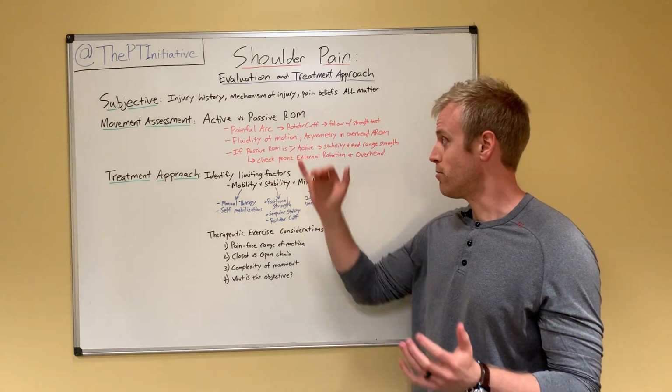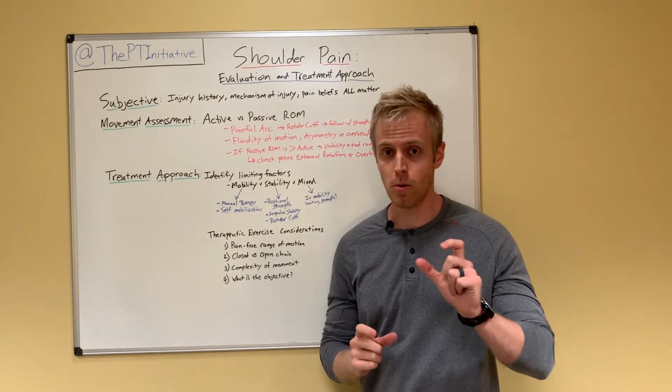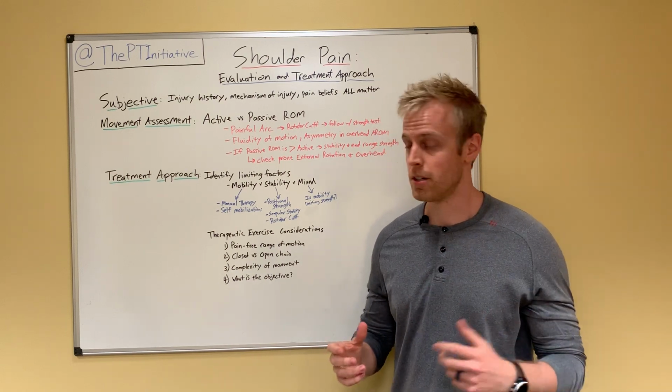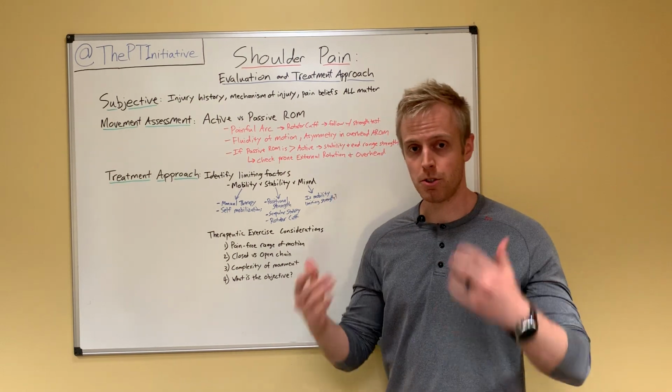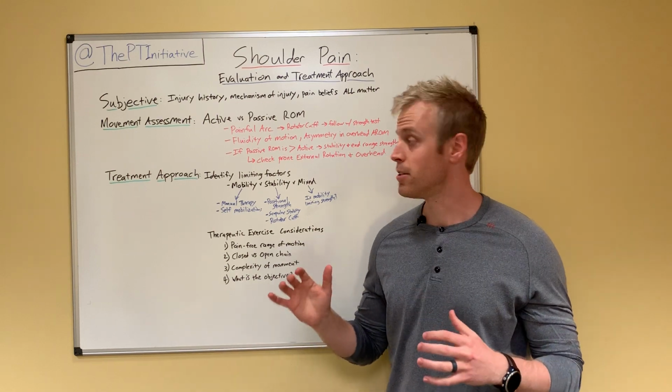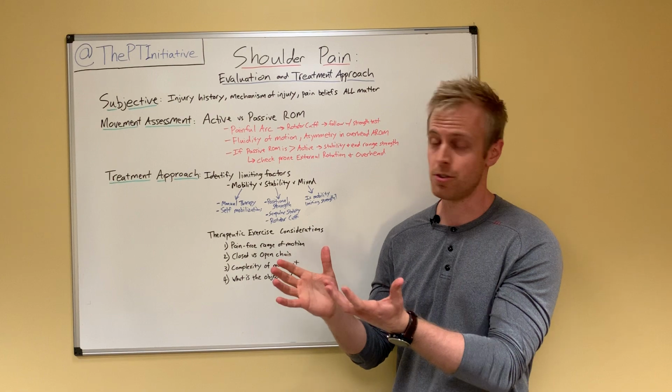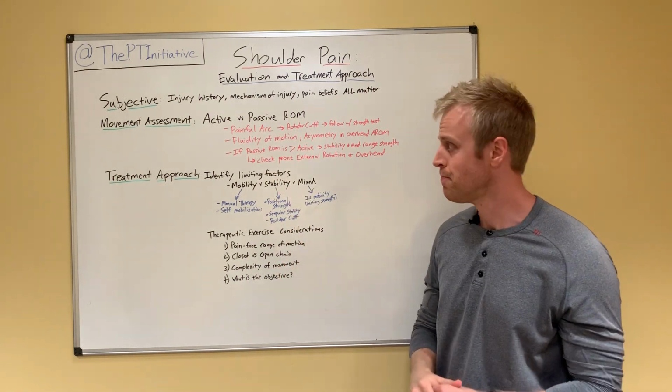So with the painful arc, an example is that maybe we're looking more towards rotator cuff or something strength related at the shoulder. So we'll follow up with strength tests and a couple of other different tests, but that points us in the direction of rotator cuff. And that's just one specific example.